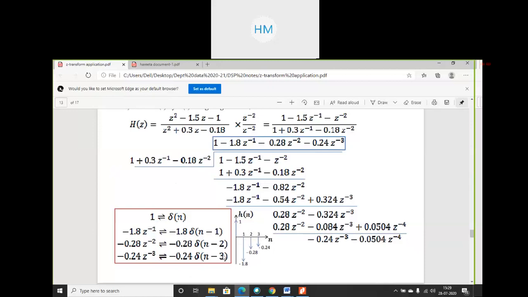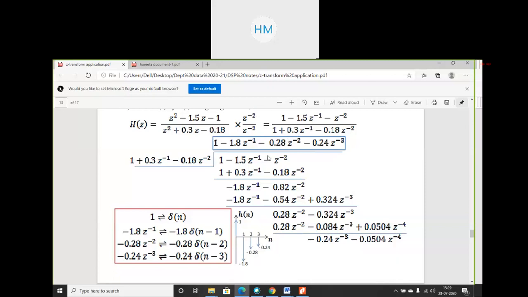At n equal to 1, I have minus 1.8. Then at n equal to 2, I have minus 0.28. Clear? At n equal to 3, I have minus 0.24. Is it clear? I can plot the impulse response at any time if I have the h of n equation.